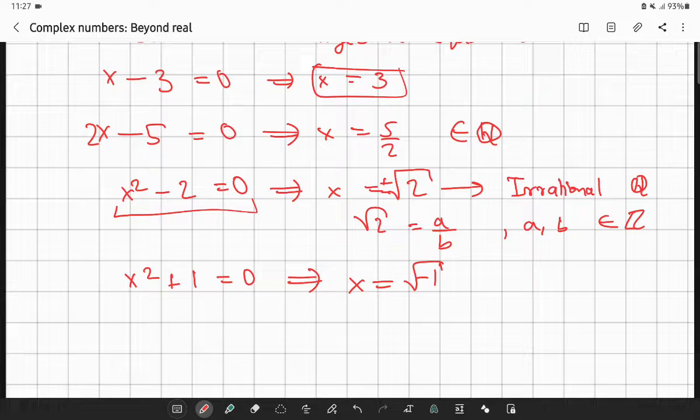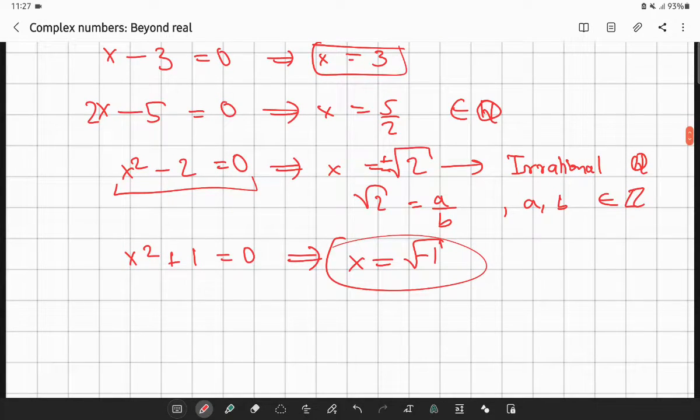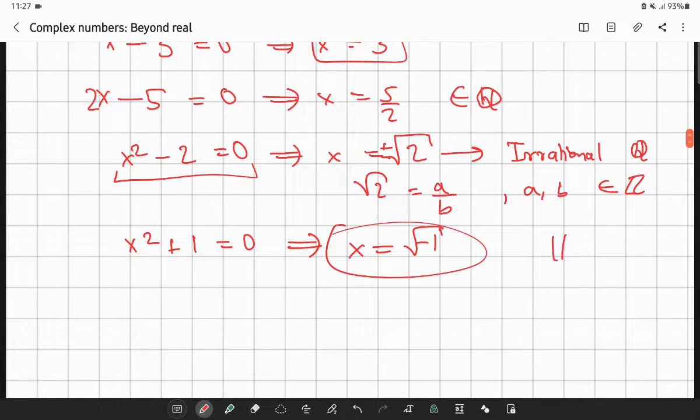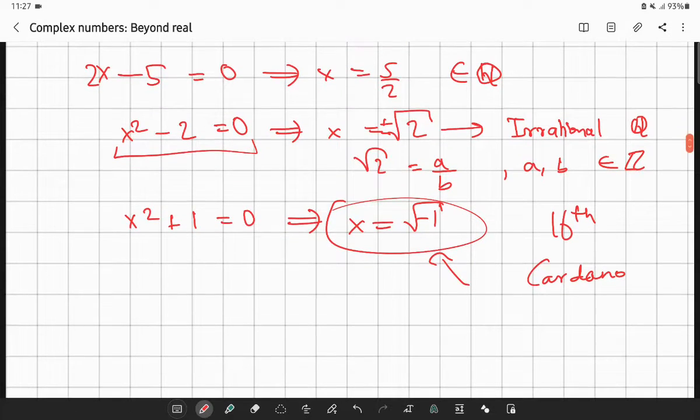And people didn't actually believe in negative square roots. Even back in the 16th century, there were some Italians who knew about the square root of minus 1, people like Cardano. They used it, and there were other people. It's a huge fiasco. There's a Veritasium video about this, which I recommend that you watch.